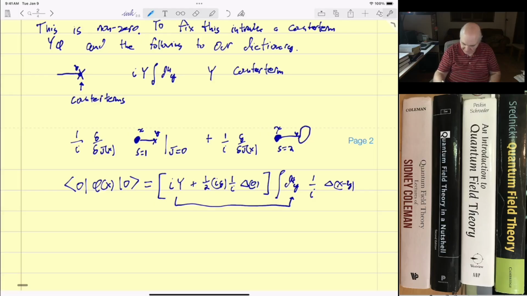So we're going to add these two diagrams. This gives us our total expression.